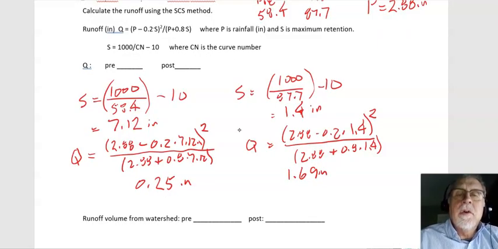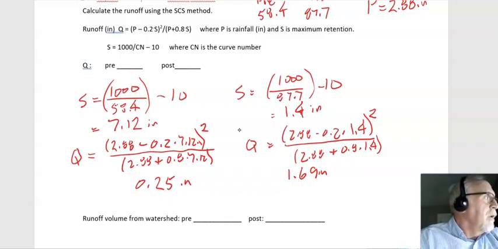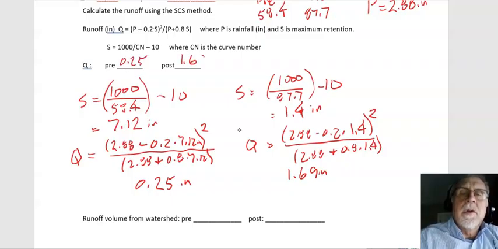So again, the curve number is 1.5 times as much. The runoff is almost 7 times as much. So I'll write these up here. This is 0.25 and this is 1.69.